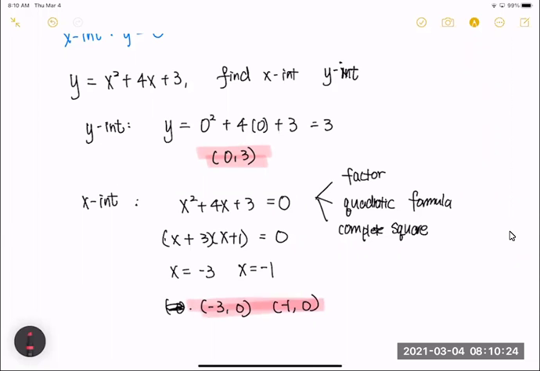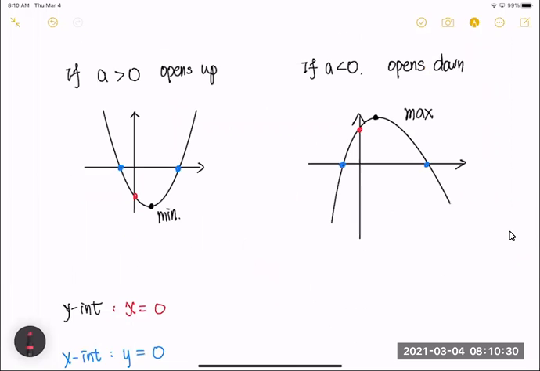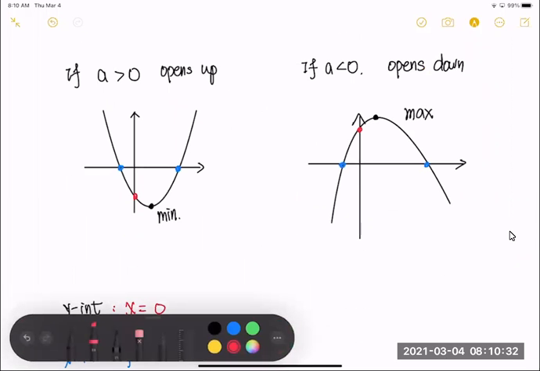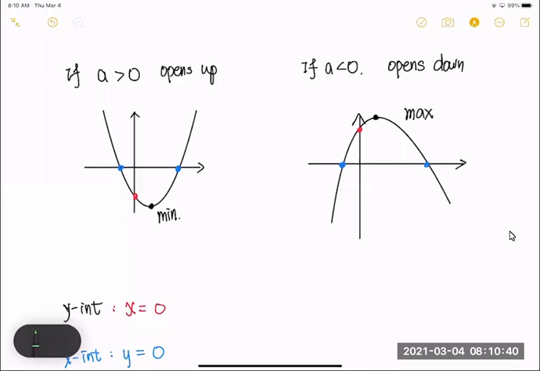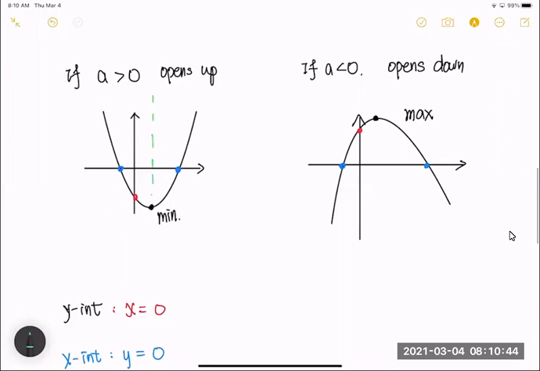Okay, now how do we find the vertex? First of all, we need to know what the vertex is. The vertex is the maximum or the minimum of the quadratic graph, okay? The vertex is where the line of symmetry intersects the graph.